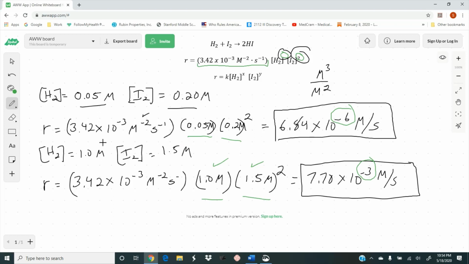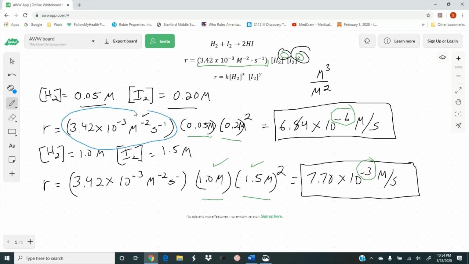But just to point one other thing out here, another factor that changes rates is your temperature, right? As the temperature increases, the rate picks up. Well, where in this rate law does temperature come in? It comes in here.